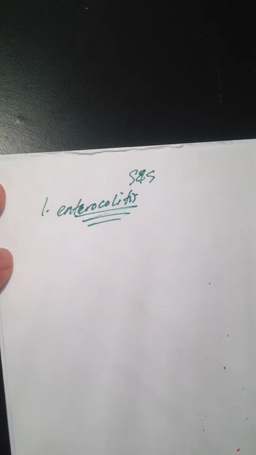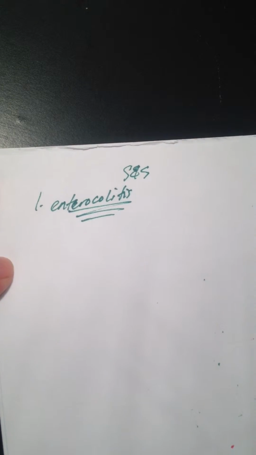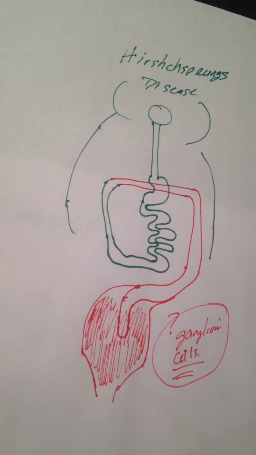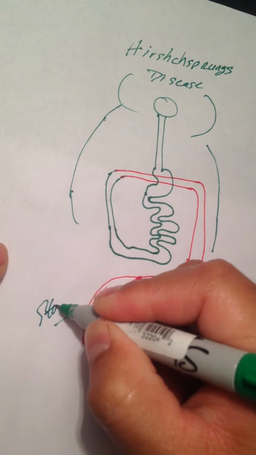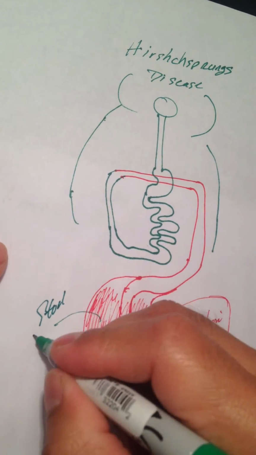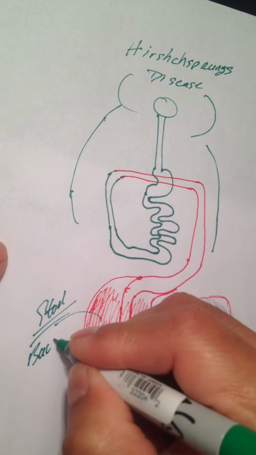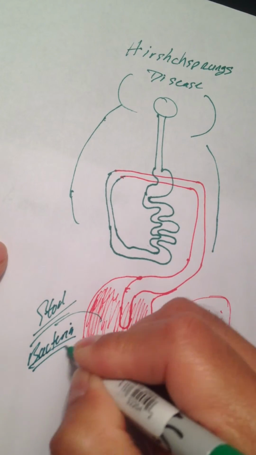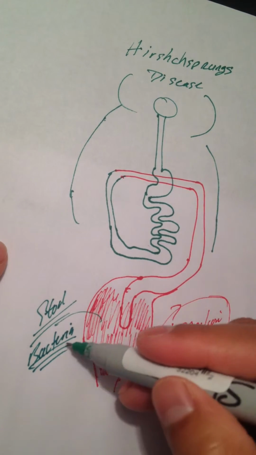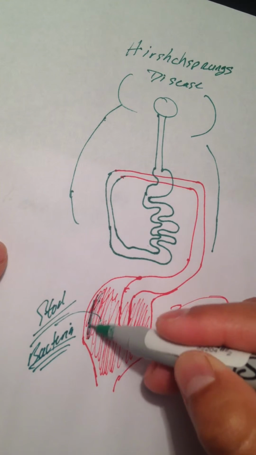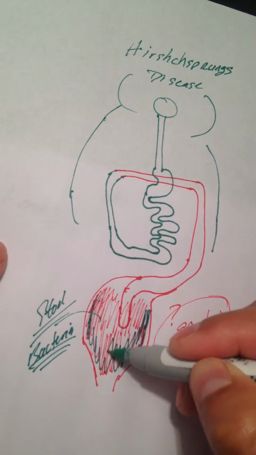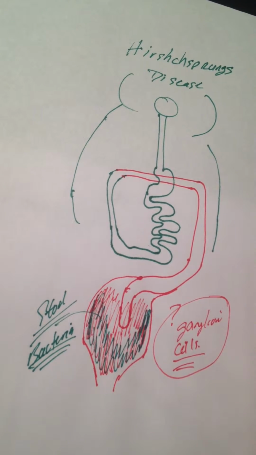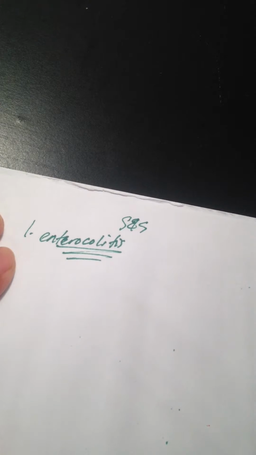The reason you're going to have this infection is because, again, stool is just going to be sitting here. As you know, stool has large amounts of bacteria present in it. It's just waste product. So if this bacteria just sits in here, it increases the likelihood of an infection to occur. As a result, many of these patients will suffer from enterocolitis.